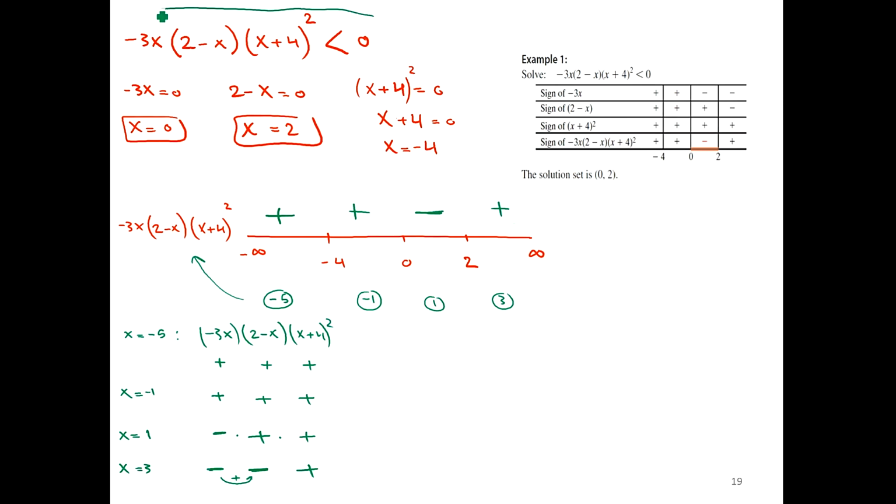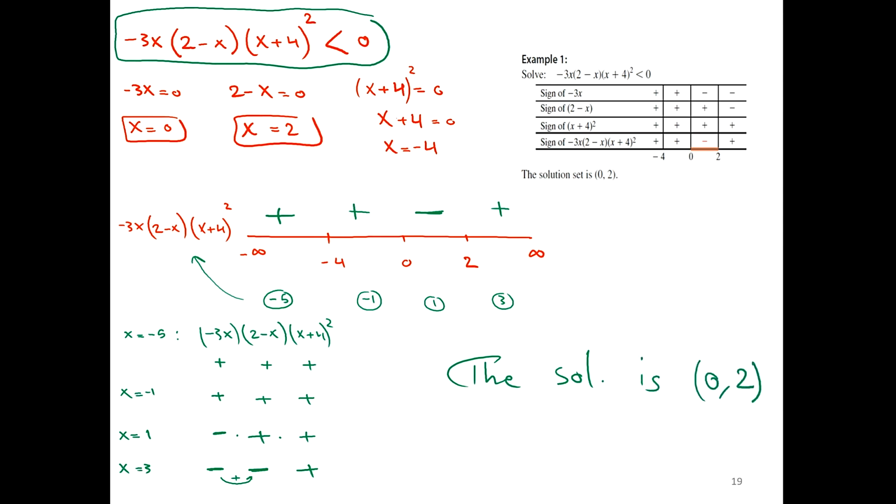Look at this example. We need to find the values of x where the formula is negative or positive. Here we need the values of x that make the formula negative. So we can conclude the solution is from 0 to 2.